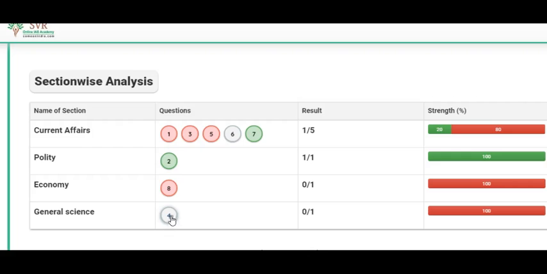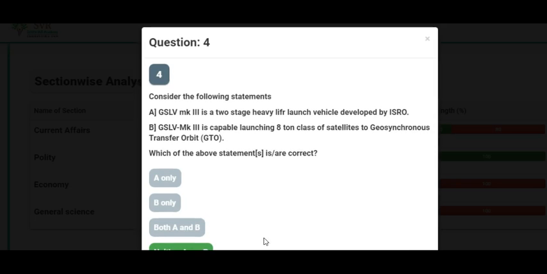Now we will move to the fourth question, which is on science. The question says, consider the following statements. Statement A says that GSLV Mark III is a 2-stage heavy lift launch vehicle developed by ISRO. The doubtful area is whether it is 2-stage or 3-stage.